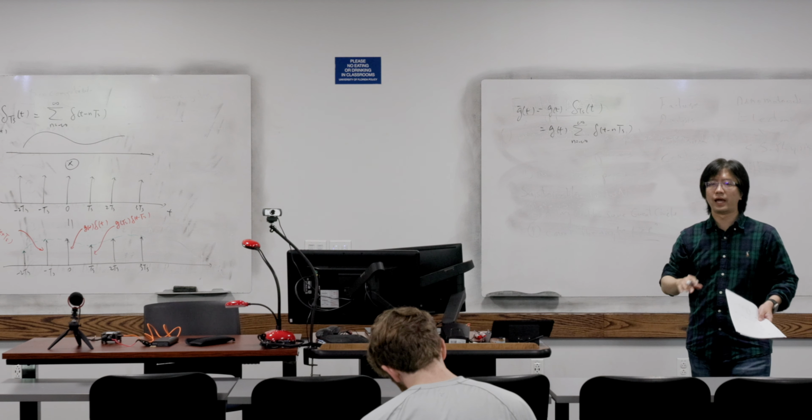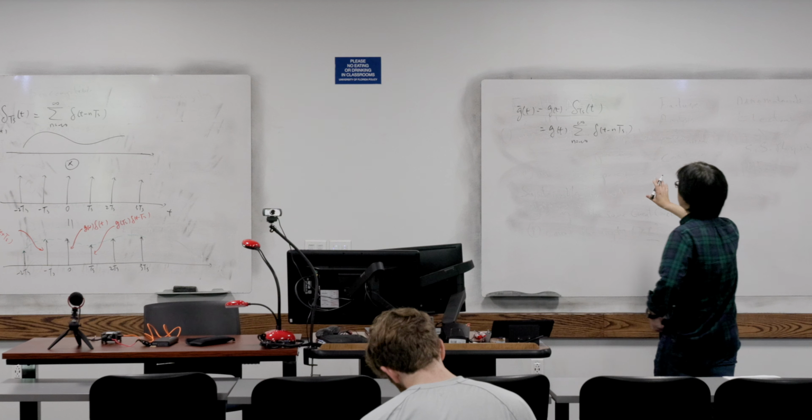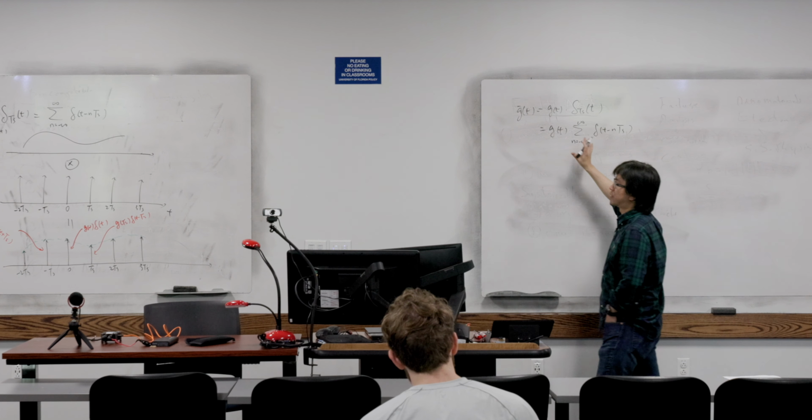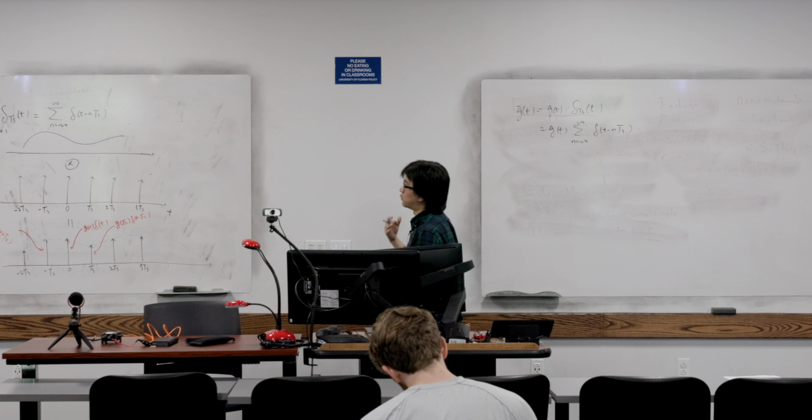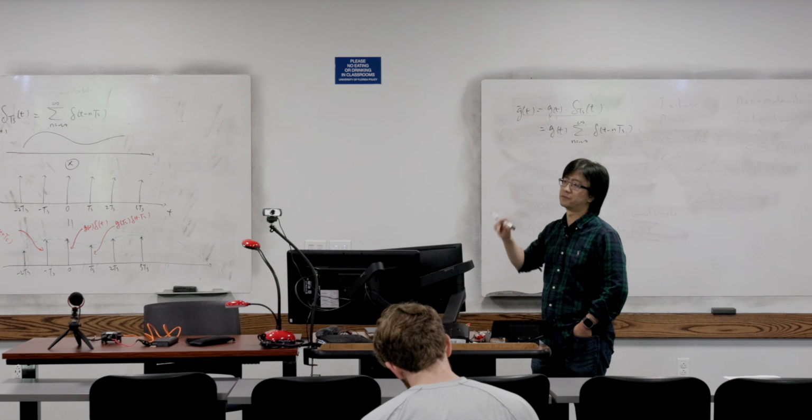Now our idea is to analyze this signal, to see what its properties are in the time domain and in the frequency domain, so that we can see whether we can recover the original g of t exactly.